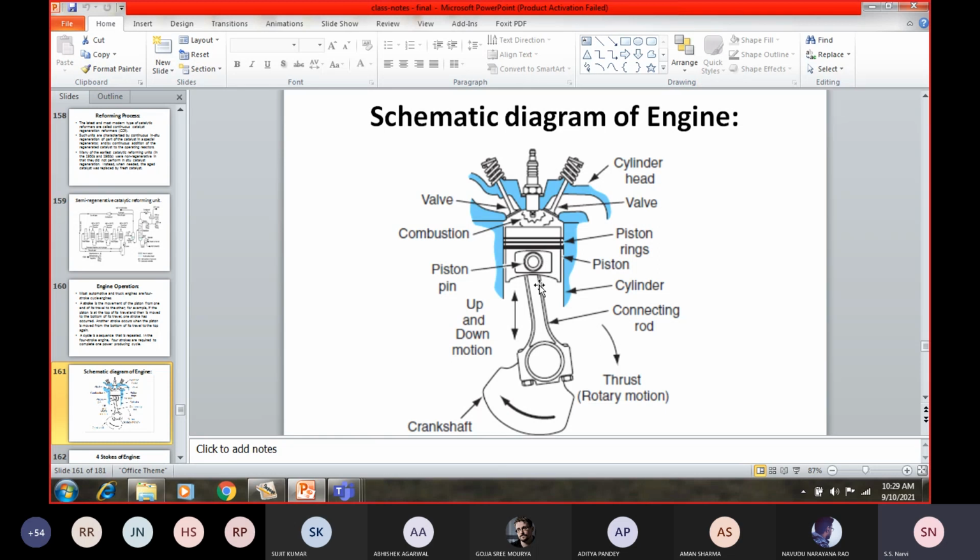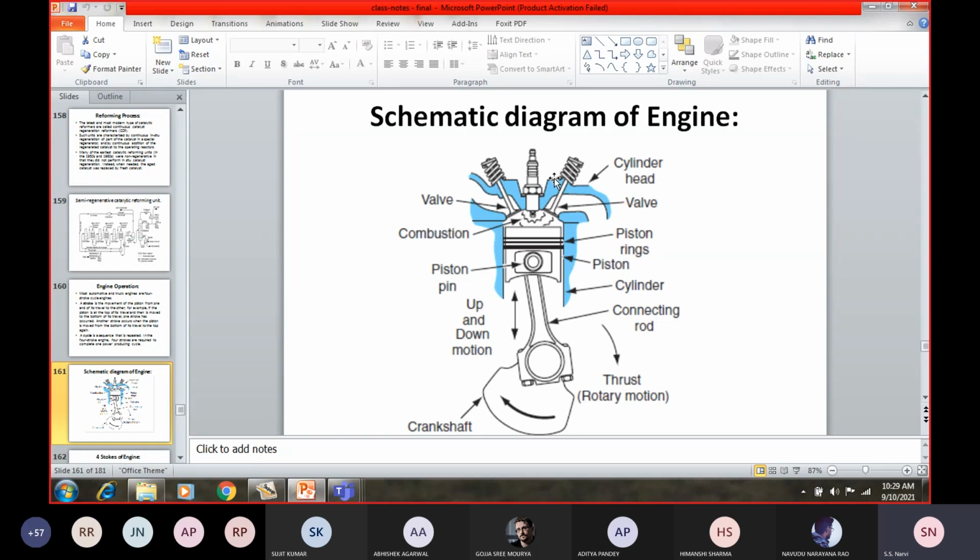Isn't it? So the mechanism is that it goes up and then it comes down, goes up and it comes down, isn't it? Here you have a spark plug, you have 2 valves, and also here somewhere you have a fuel injector. In the earlier engine, it was carburetor.